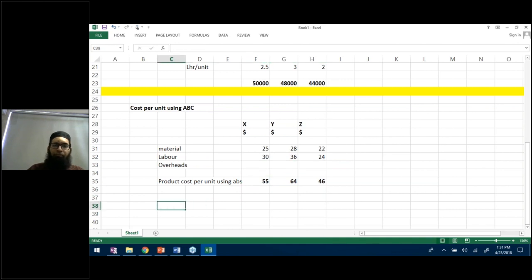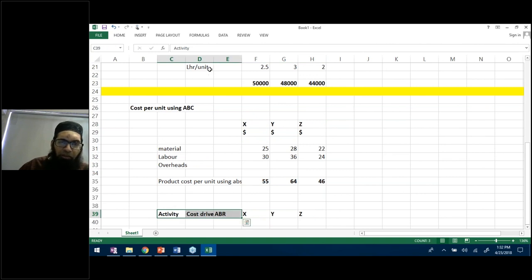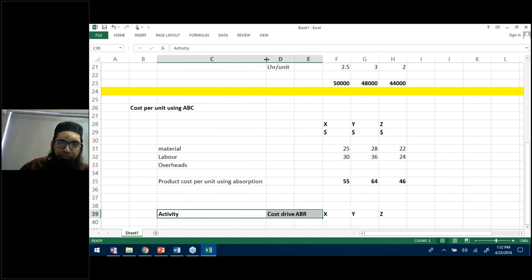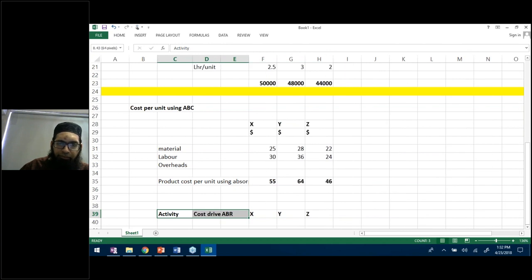So let's jump to the overhead requirement. For that, we should write the activity. We should also write its cost driver as provided in the question. We will then be calculating the ABR, and then finally we will be applying it on the product. So this will be a complete simple format to perform the activity-based costing. Right?